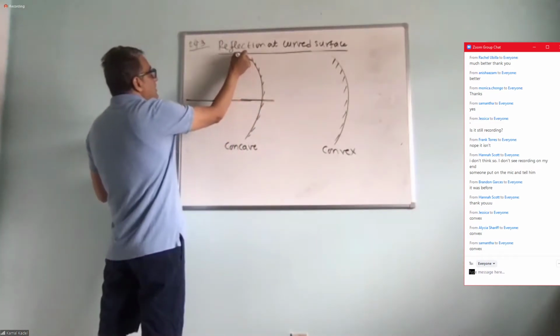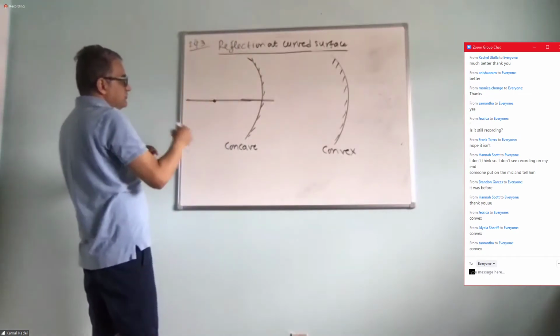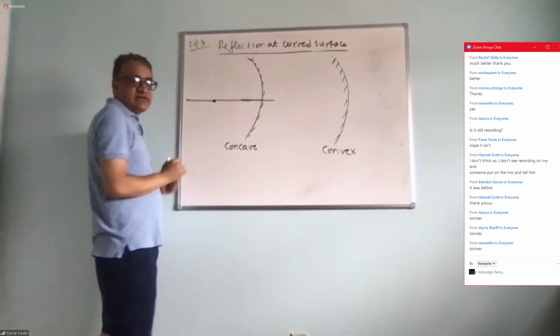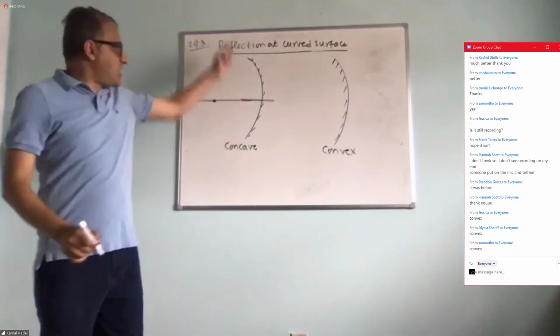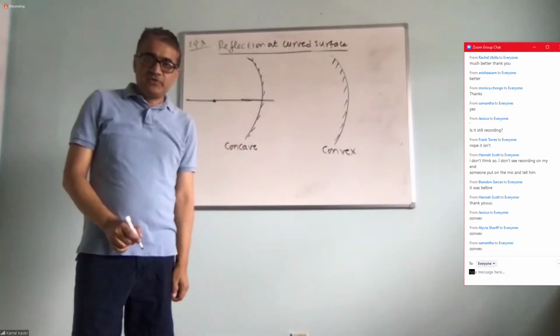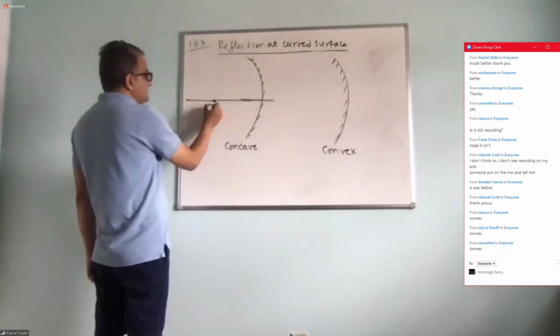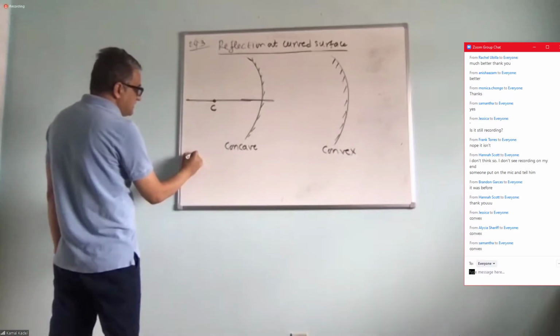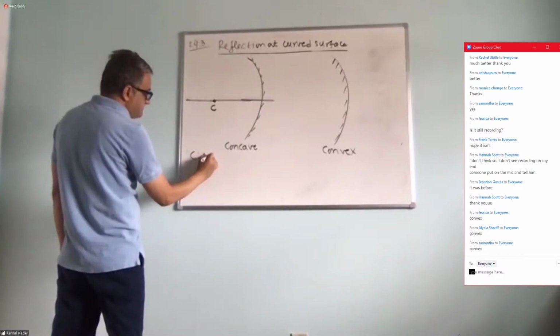If you complete this, then this makes one sphere, and this is the center of that sphere. And this is the cut part. Good. Now, this is called C. So this C is called the center of curvature.